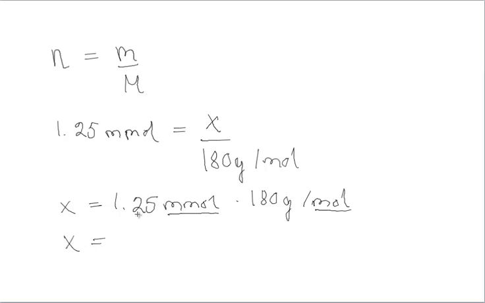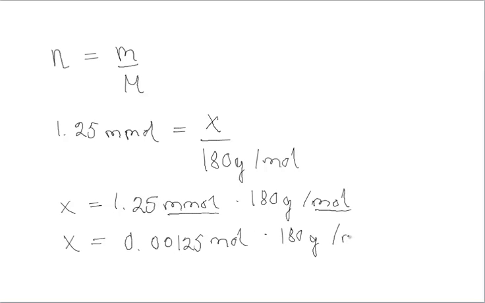And then X, if we change 1.25 millimole to mole, then this will be 0.00125 mole times 180 gram per mole.